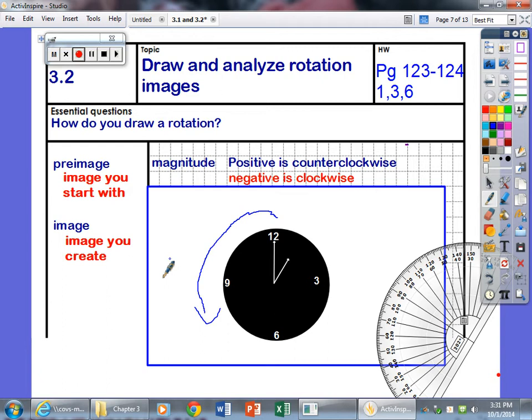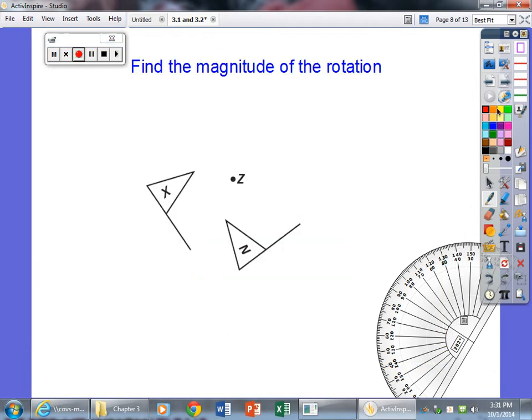In other words, I'm going to rotate it this way. A negative is actually clockwise, and this is sometimes really hard to remember because it's just backwards from the way that we think it should be. So positive is counterclockwise, negative is clockwise.